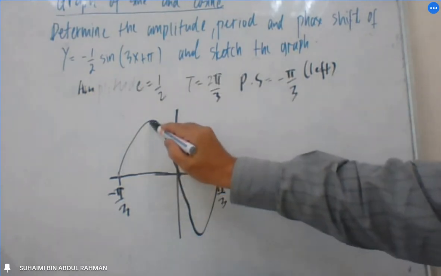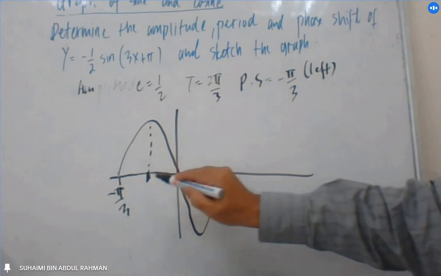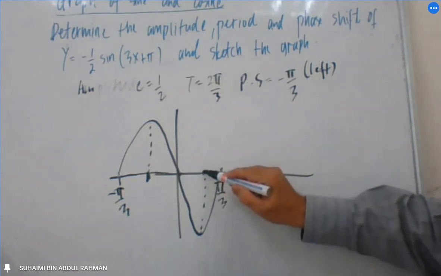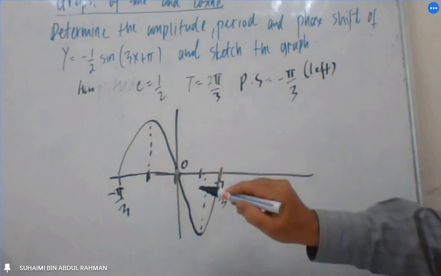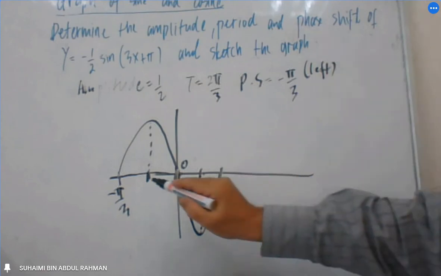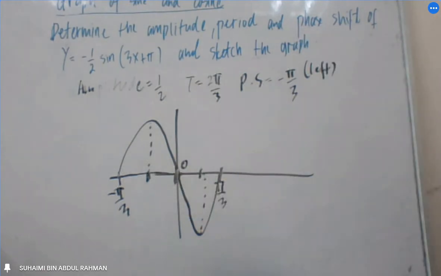And we need to know this place, and this one definitely we already know. It is 0. What is the value here?